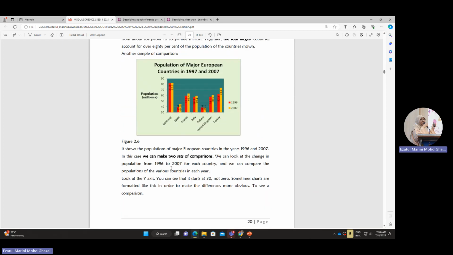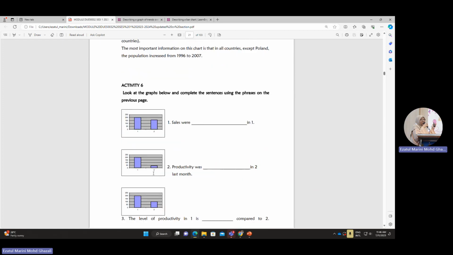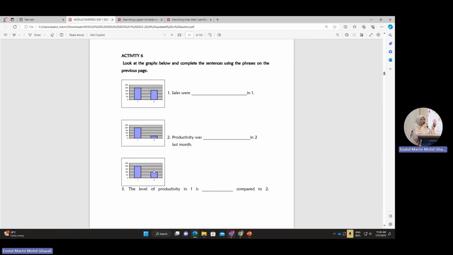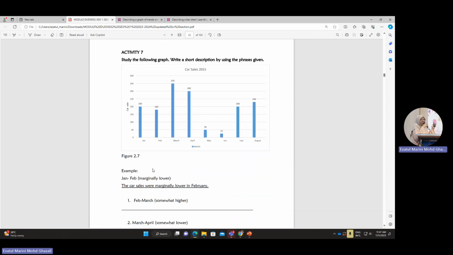Have a look at the example and try. Look at the graph below and complete the sentences using the phrases on the previous page. Sales were fractionally higher or slightly higher in 1. Productivity was somewhat lower in 2 last month. And the level of productivity in 1 is fractionally higher compared to 2.